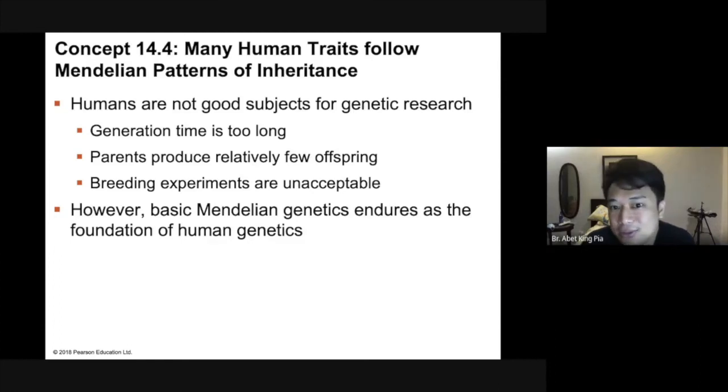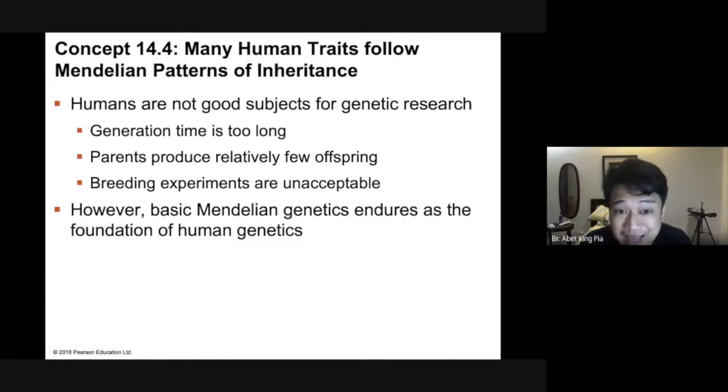So, many human traits follow Mendelian patterns of inheritance. Humans are not good subjects, number one, kaya hindi ginamit ni Mendel na human subject kasi, napakatagal nating mag-reproduce. We take 9 months, so kulang. And unethical siya. Breeding experiments are unacceptable. Imagine lalagay ka sa lab, diba? Hindi pwede yon.